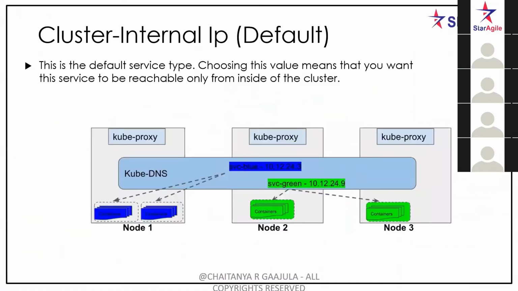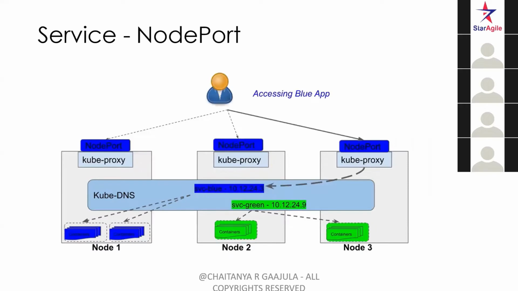So there are different types of services. One is a cluster IP service, where you access them only internally. And the other one is a node port. So we use node port when, let's consider, you want to access the application which is internet facing.